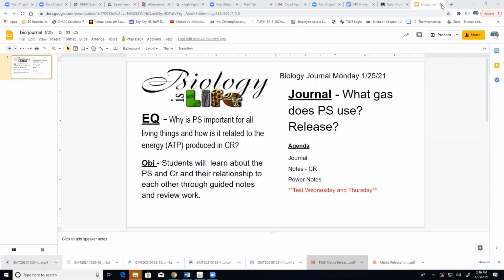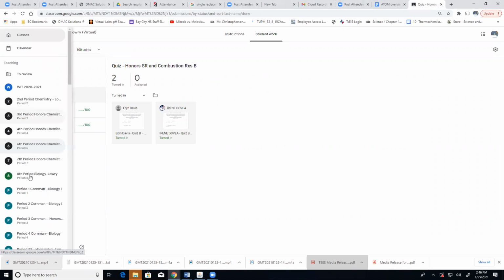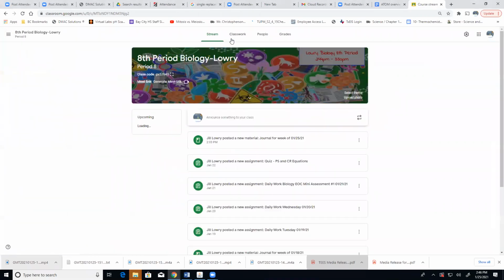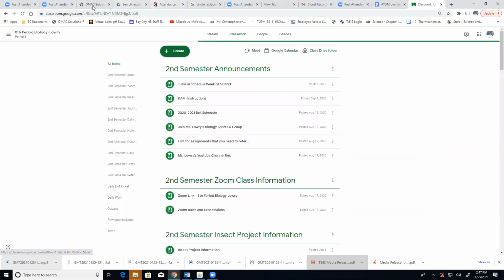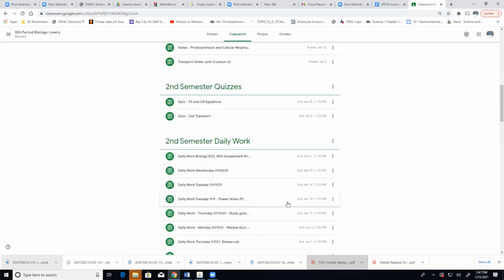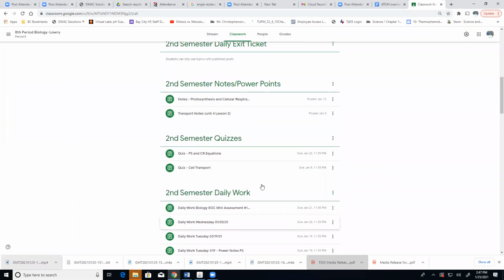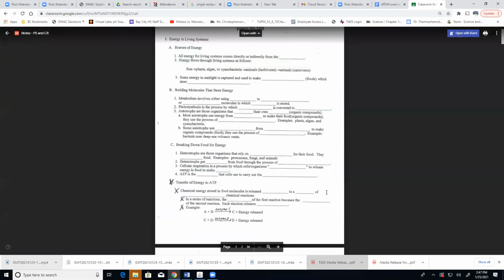All right, let's get to our notes. Actually, I could already have these open somewhere. So we kind of finished our notes over photosynthesis, so we're going to move on to the ones over cellular respiration.